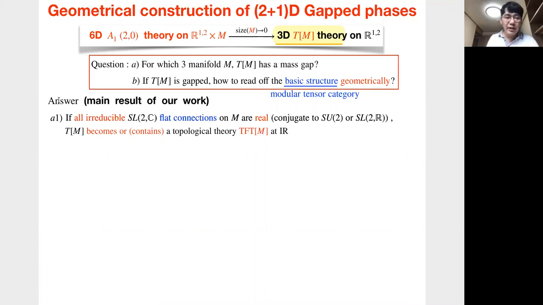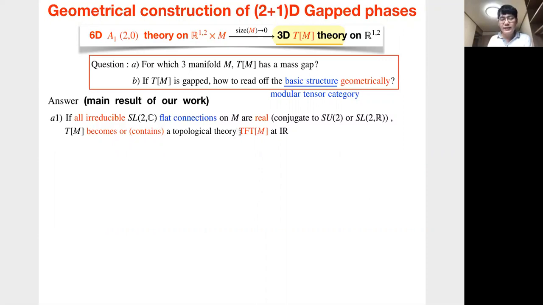So let me try to give the answer. These are the main results of our work. First, let me answer when this theory has a mass gap. Our topological condition is this: if all irreducible SL2 flat connections on M are real, meaning they are conjugate to SU2 or SL2R, then we claim that the T[M] theory becomes or contains a topological field theory.